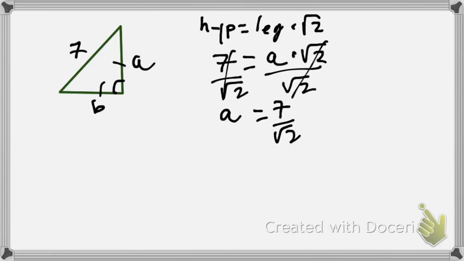Now, that is numerically correct, but mathematically, this is difficult because it has what is called an irrational denominator. And so what we want to do is rationalize the denominator. We want to make sure the denominator is in rational form. Now, it doesn't affect us that much here in geometry per se.